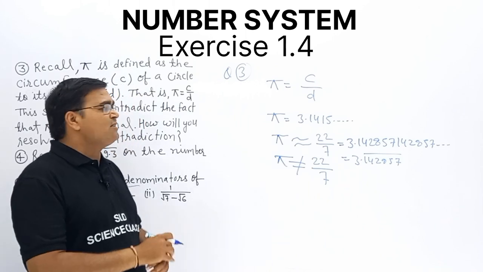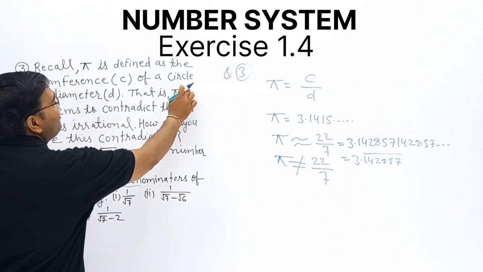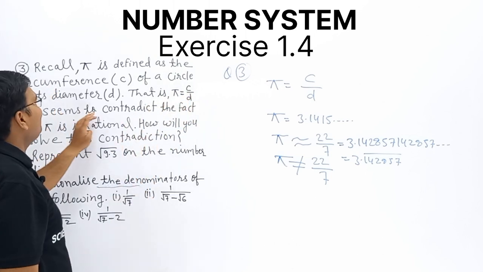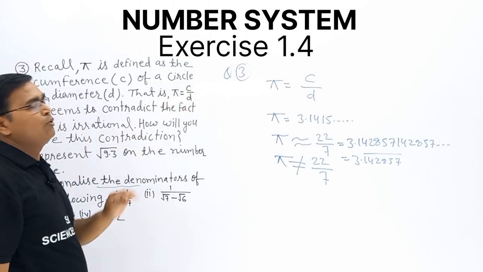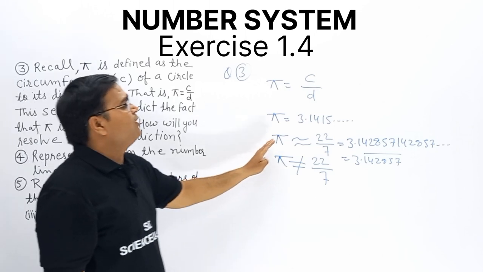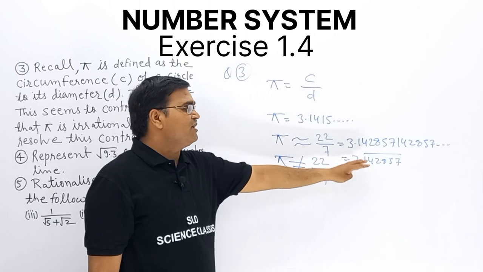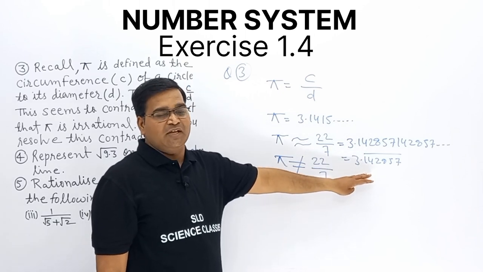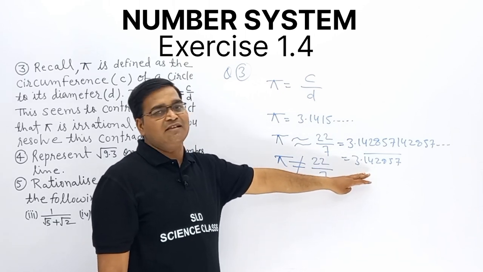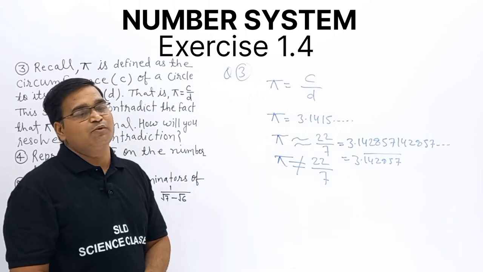So what is the conclusion in this question? Saying pi equal to C upon D seems to be a contradiction. No, there is no contradiction, because we are using 22 by 7, but 22 by 7 is non-terminating repeating, and it is only approximately equal to pi.